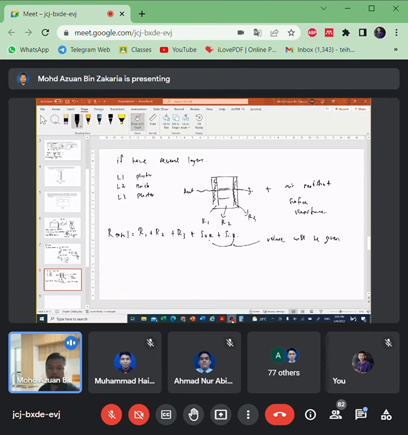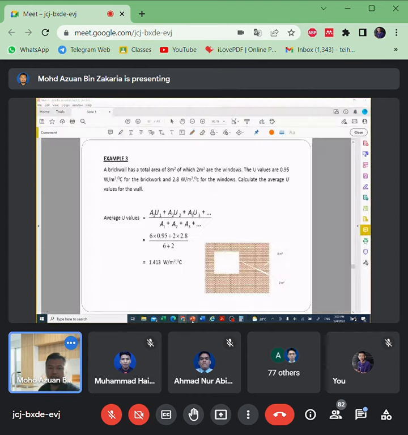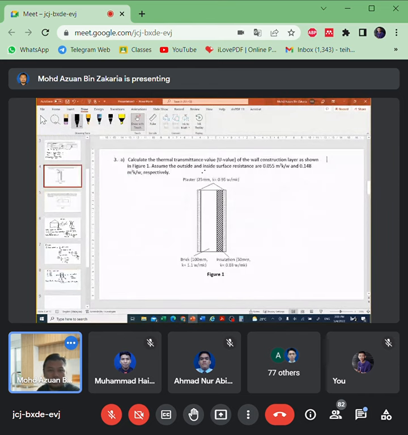So let's see this exercise. Calculate the thermal transmittance. Sorry, I already calculated the R value first, so ignore this. It's based on this figure. Calculate R value. So this is the outside surface resistance, and this is the inside surface resistance.